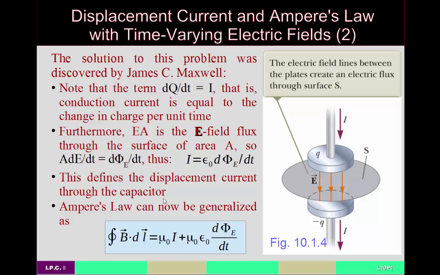And so now Ampere's law is actually satisfied by this strange case in which you could have a closed path surrounding this wire with one surface passing between the two capacitor plates and the other not passing between the two. In the case where the surface does not pass between the two, you have a conduction current.